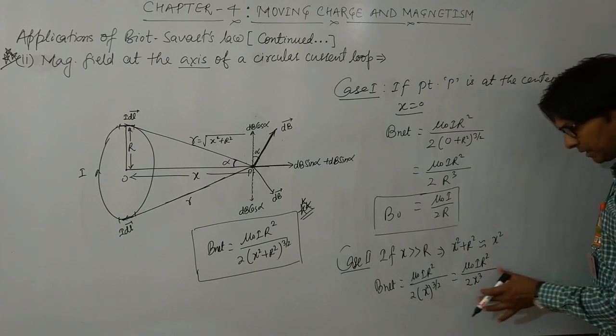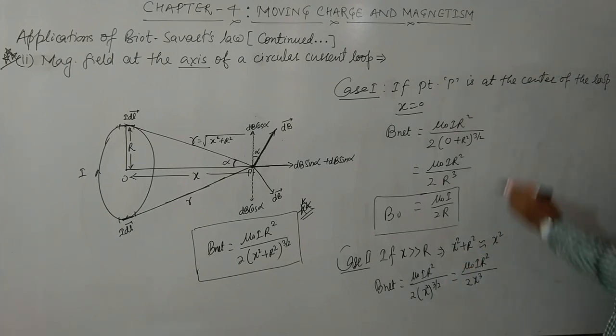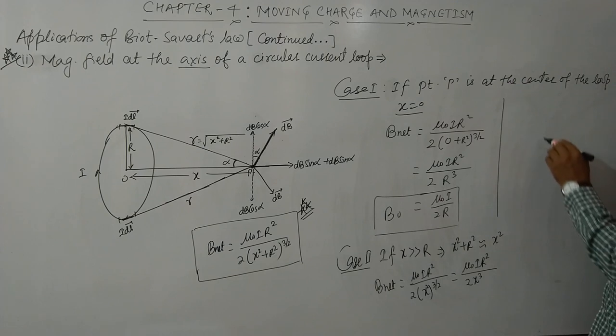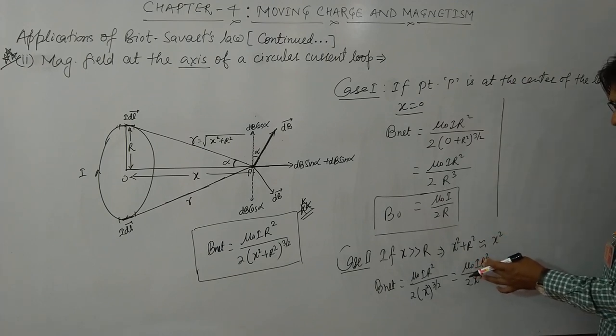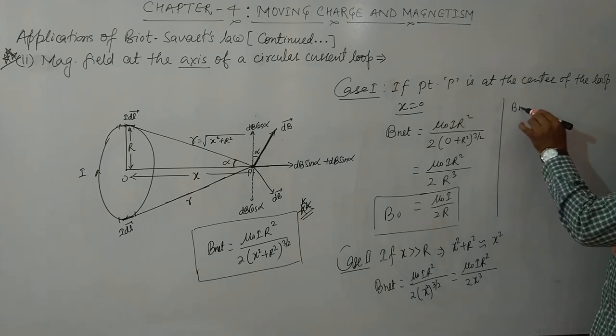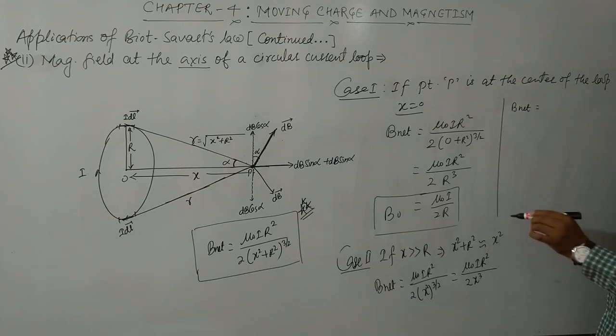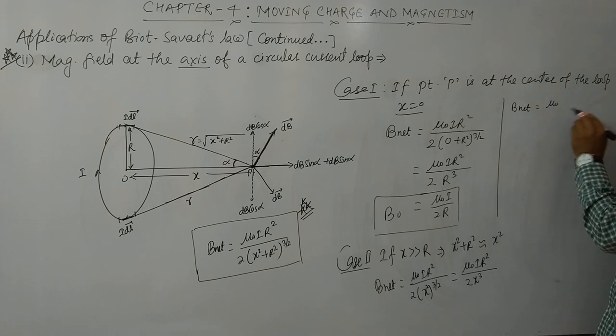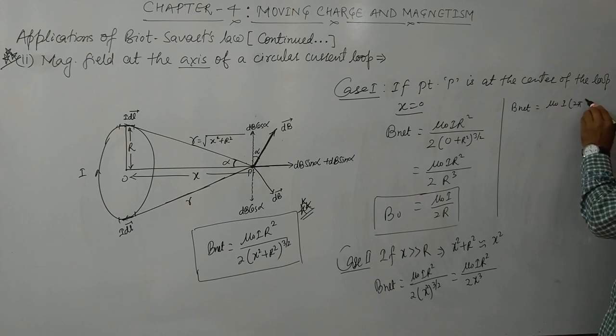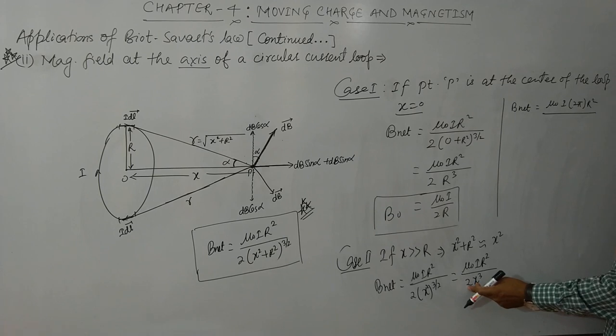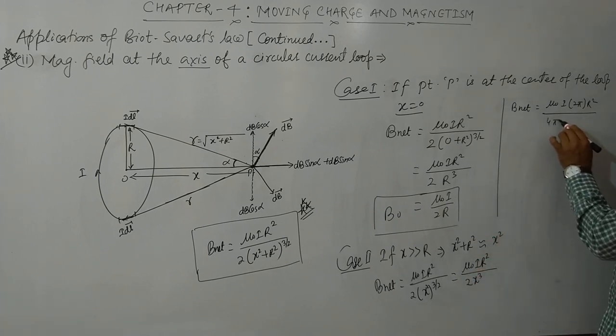Now we can modify this formula further. What we can do, if I multiply numerator and denominator by pi, there will be a very interesting result coming out. Mu 0 I R square, or in fact we have to multiply by 2 pi, so 2 pi R square upon 2 pi into 2x cube, it will become 4 pi x cube.